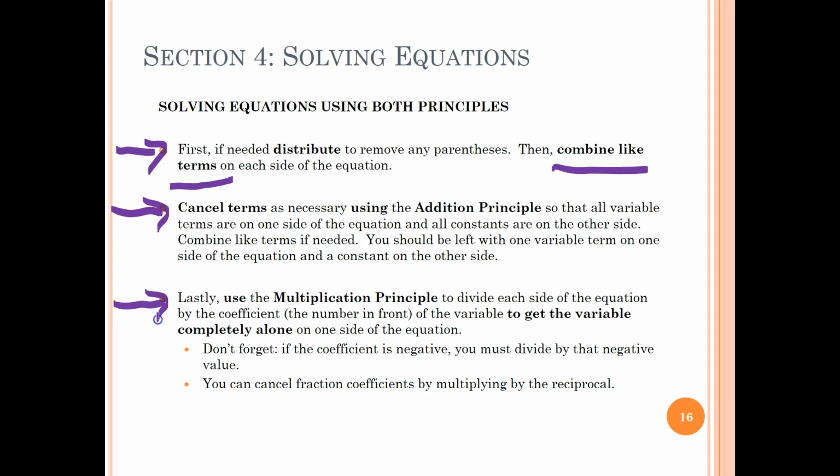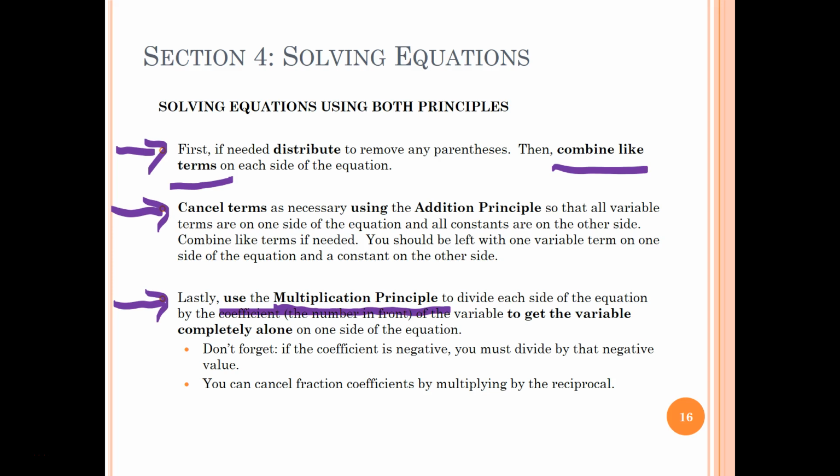Once we've got the variable terms on the left-hand side of the equation and the constant terms on the right-hand side of the equation, this is where we can use that multiplication principle last. And we can multiply or divide by the number that's being multiplied to the variable on that left-hand side of the equation.